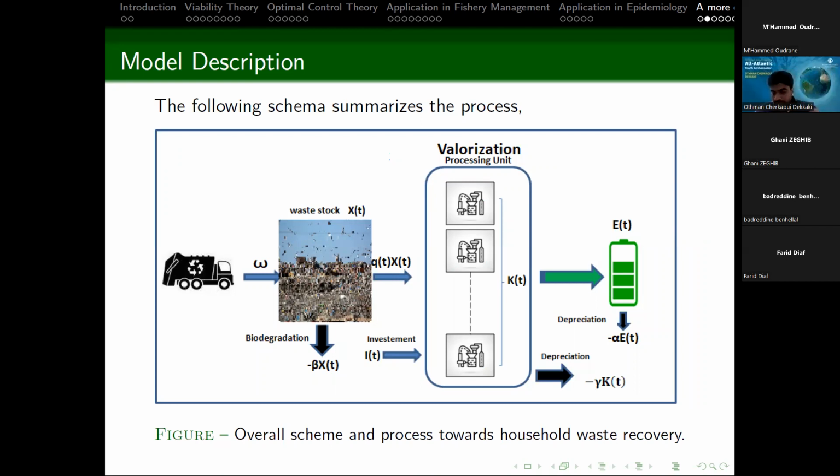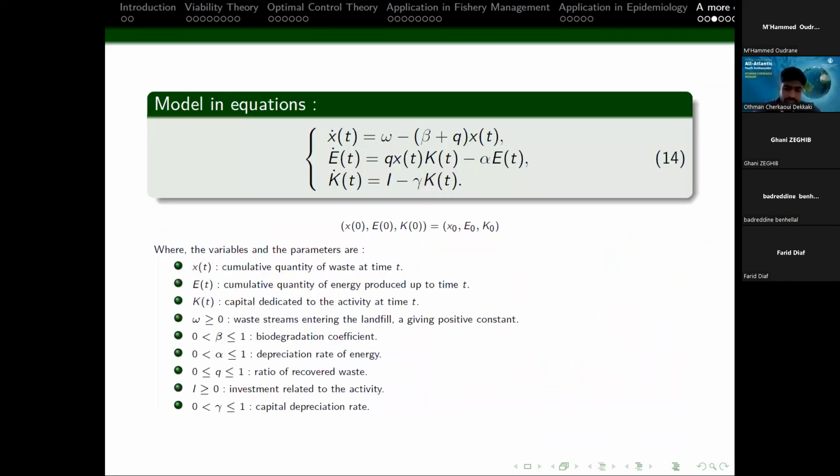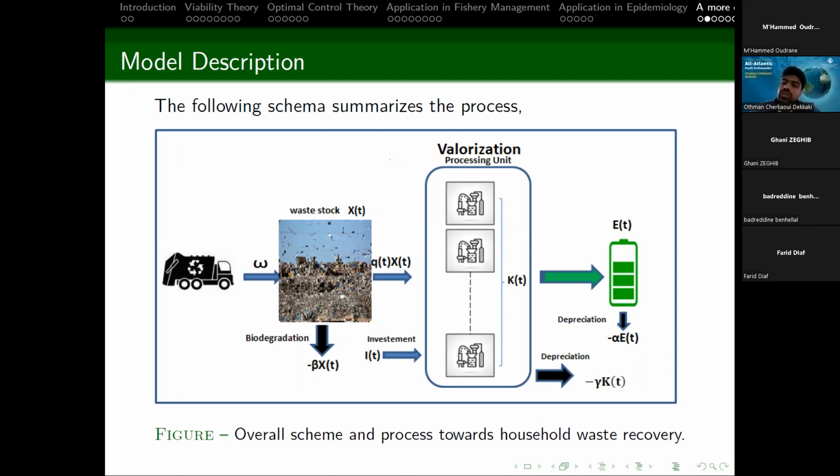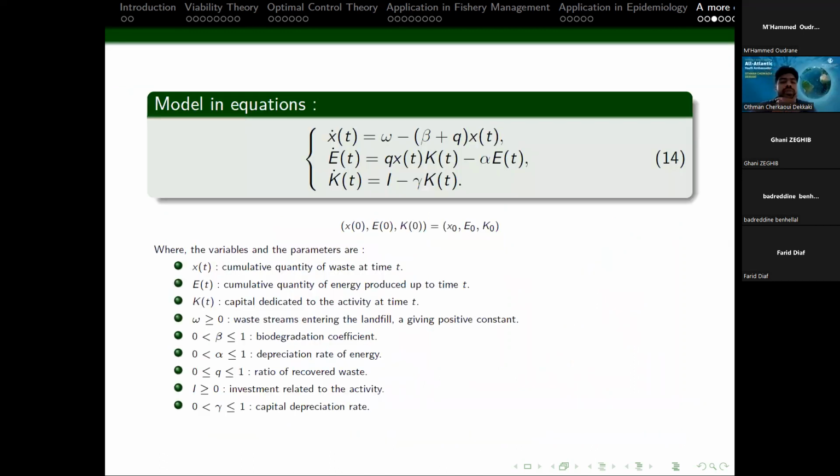And the model is like this. It's a very simple model, with a bit of difficulty in some ways. So the model in equations is a three-dimensional system. The first variable x is the waste level. We get a constant flow of waste, which is omega, and a biodegradation rate plus q(t) times x.